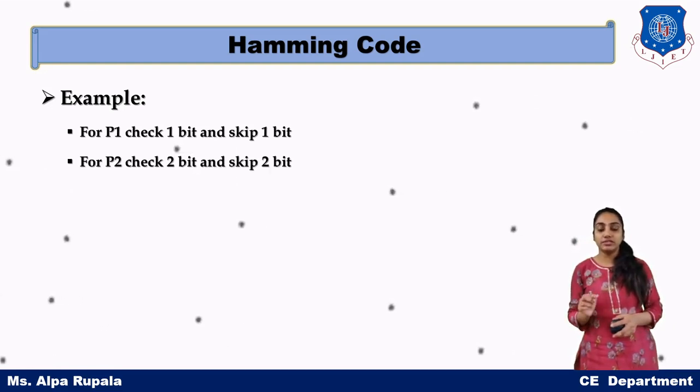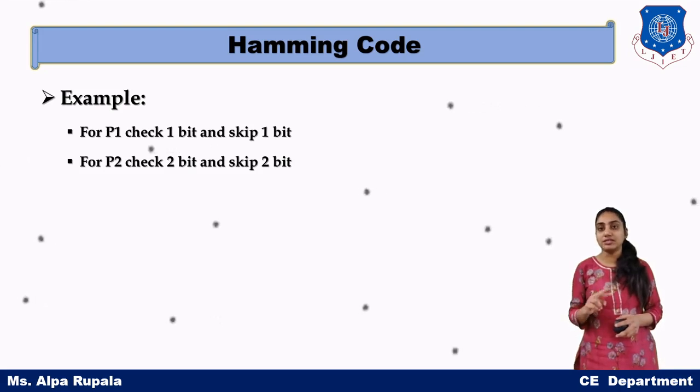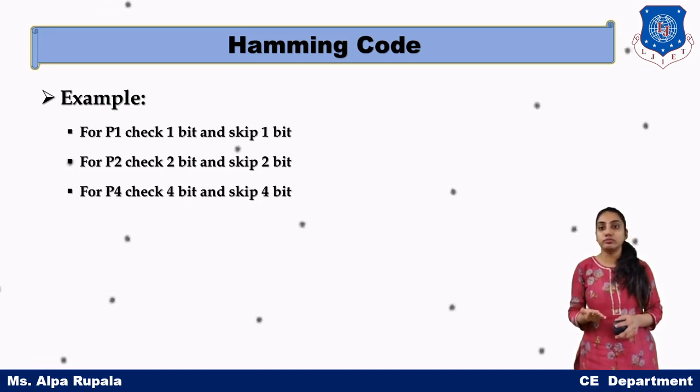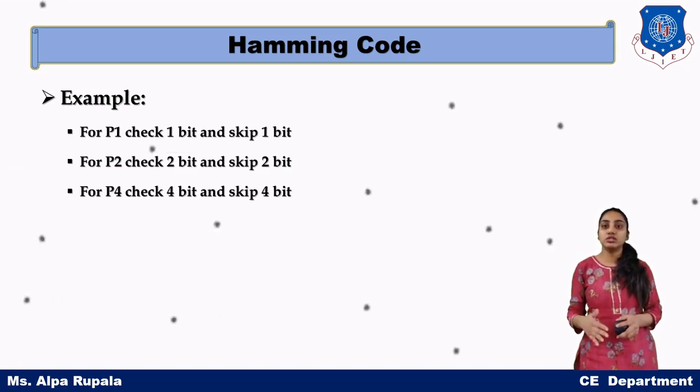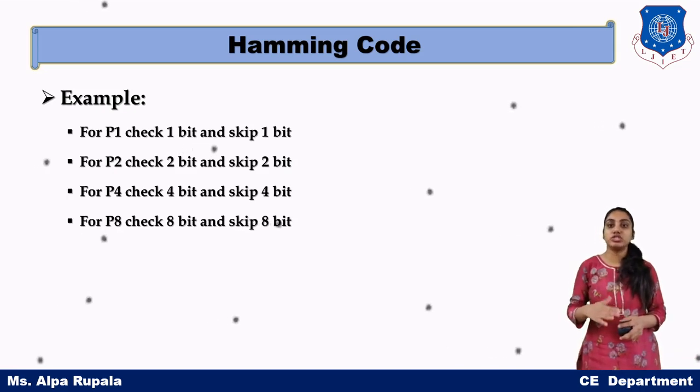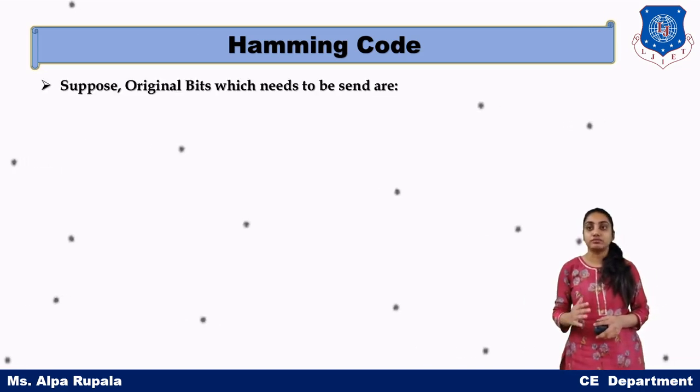For P2, 2 bits will be checked and 2 skipped. For P4, 4 bits will be checked and 4 skipped. For P8, 8 will be checked and 8 skipped.